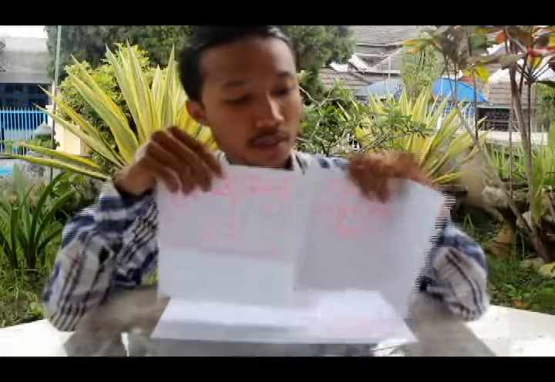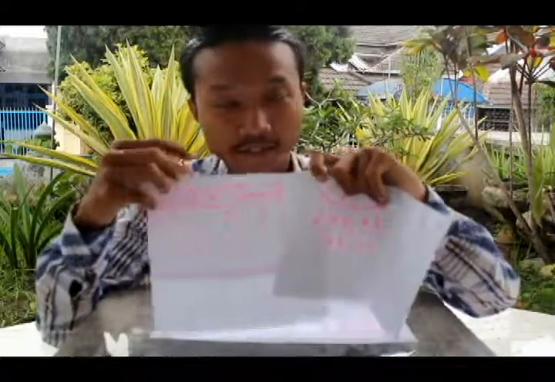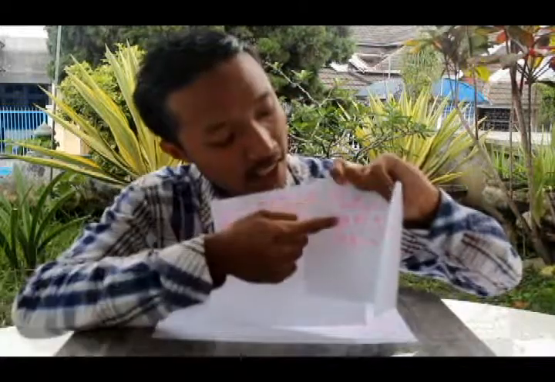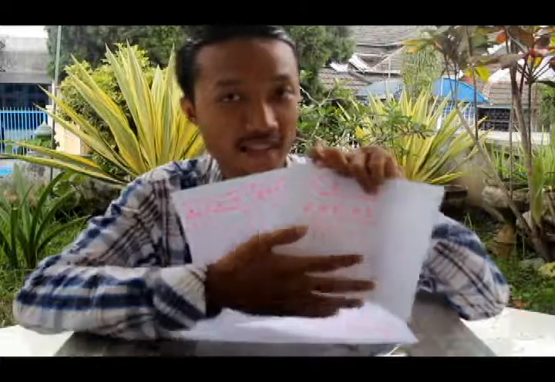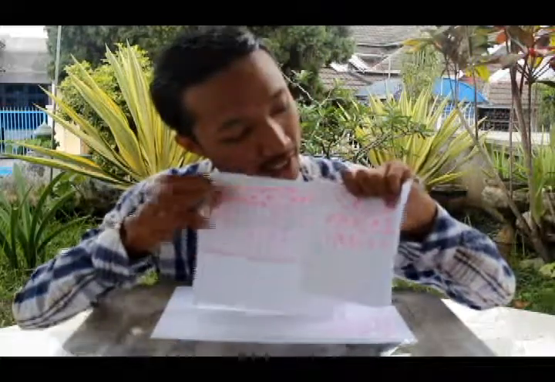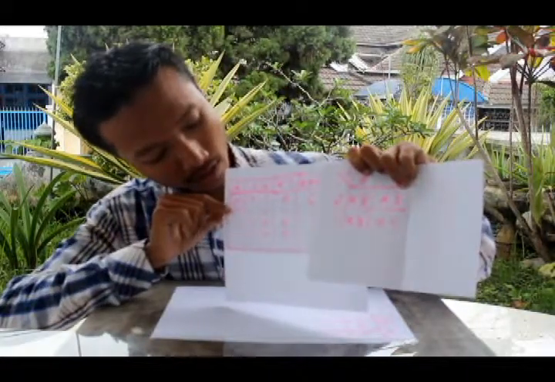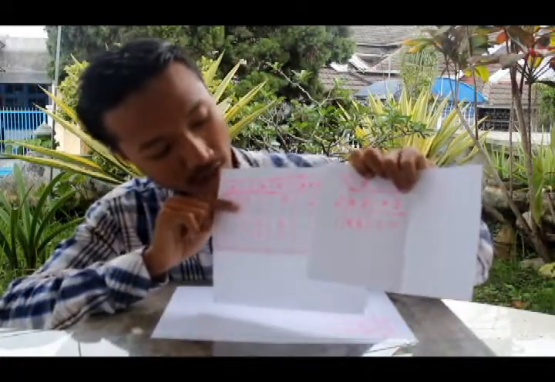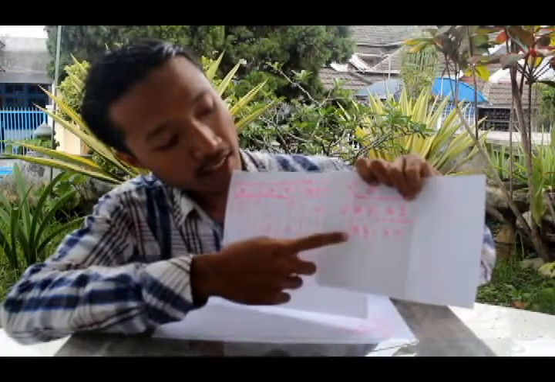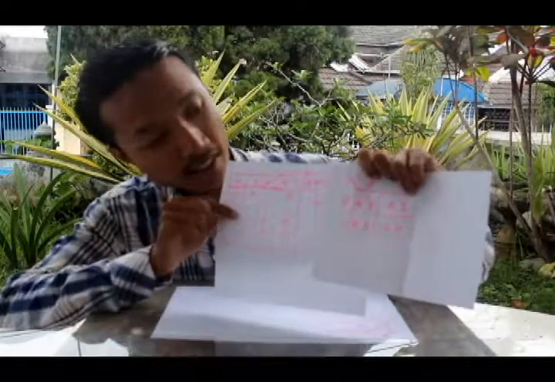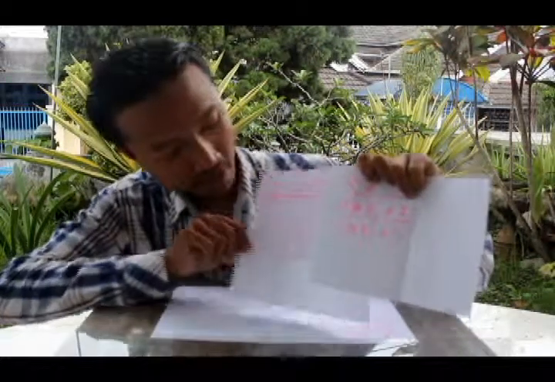So here, x 0 and y 0 is x accent and y accent, and x accent and y is x 0 and y 1. X and y accent is x 1 and y 0, and the last, x and y, is x 1 and y 1.